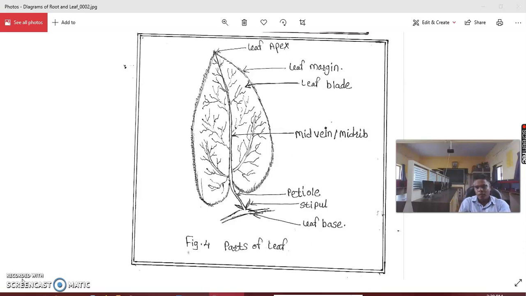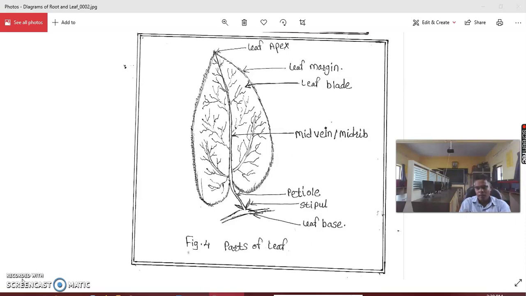So there are two types of leaf. Number one, simple leaf, and number two, compound leaf. A simple leaf consists of a single leaf blade, and its lamina is entire, or if cut, the depth does not reach the petiole.